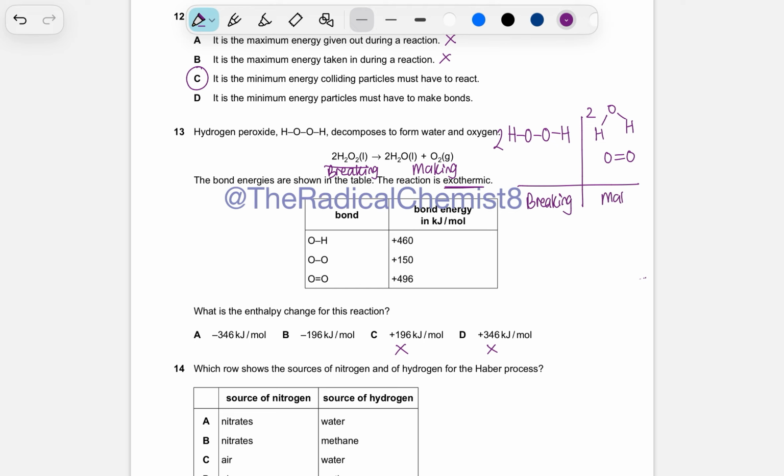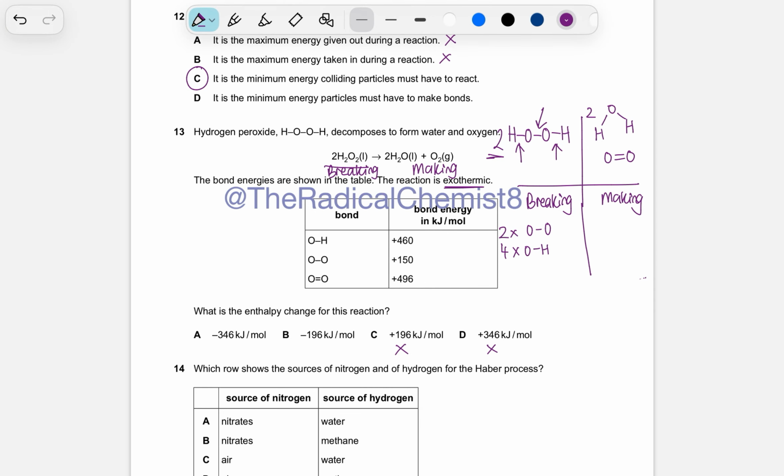breaking and making, we are breaking the oxygen to oxygen single bond in hydrogen peroxide, and since there's 2 molecules, there'll be 2 times O–O single bond, which will be broken, and then you've got O–H bonds over here. Each molecule has 2, and you've got 2 molecules, so 4 times O–H bond.